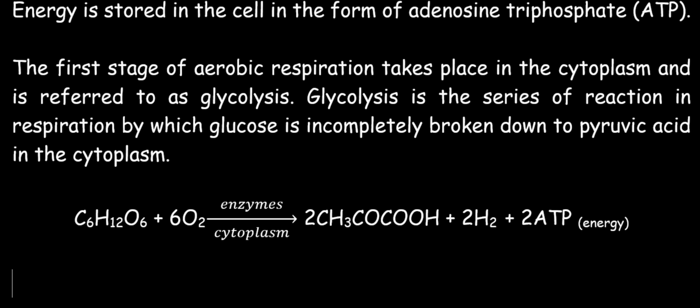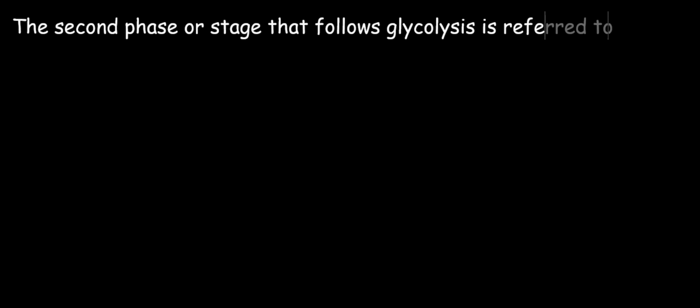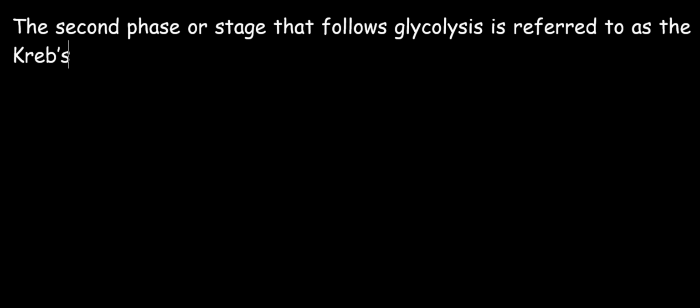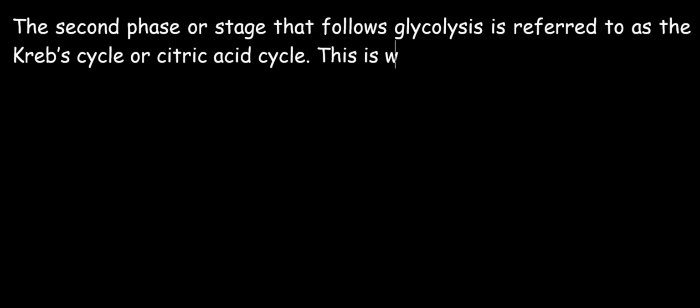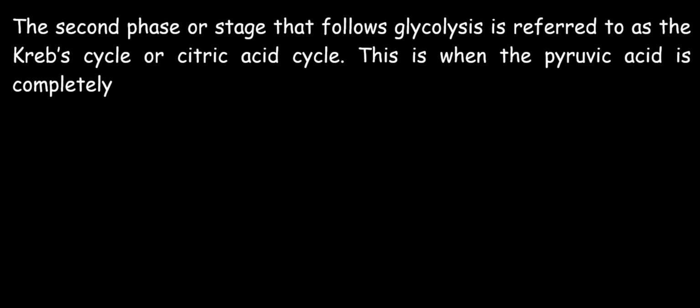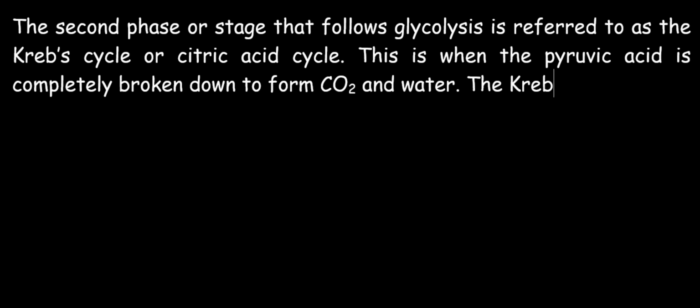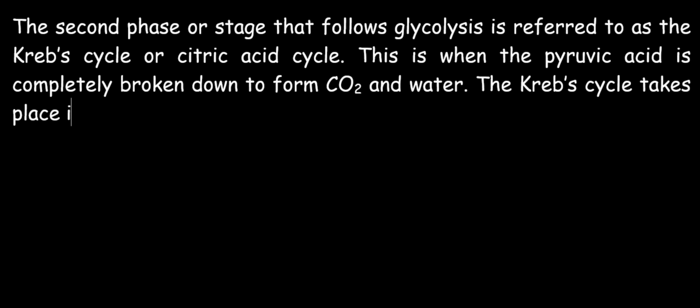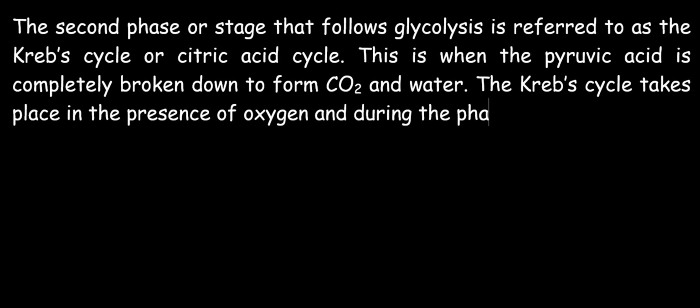The second phase or stage that follows the step of glycolysis is referred to as the Krebs cycle or citric acid cycle. This is when the pyruvic acid is completely broken down to form carbon dioxide, that is CO2, and water. The Krebs cycle takes place in the presence of oxygen, and during this phase, further energy is released as shown in the equation below.